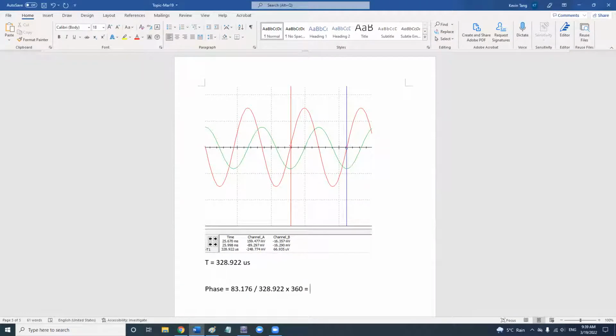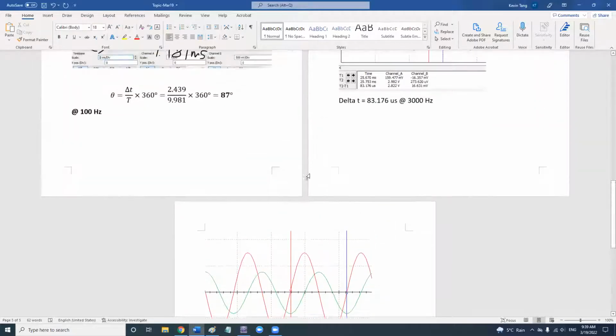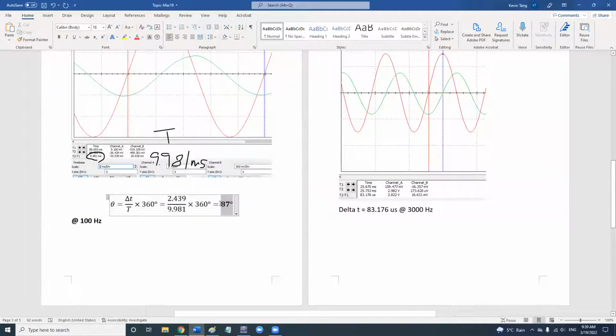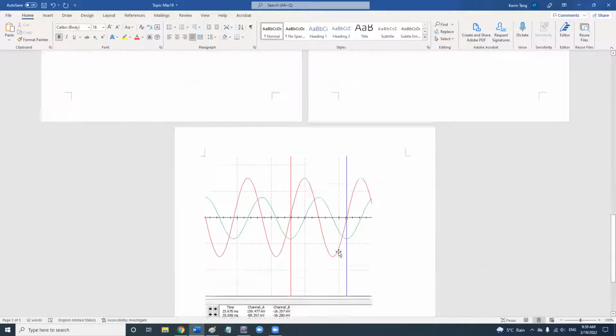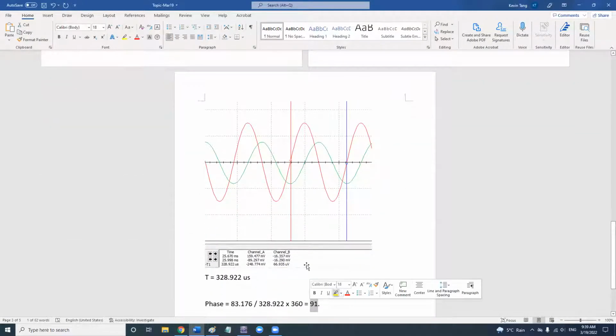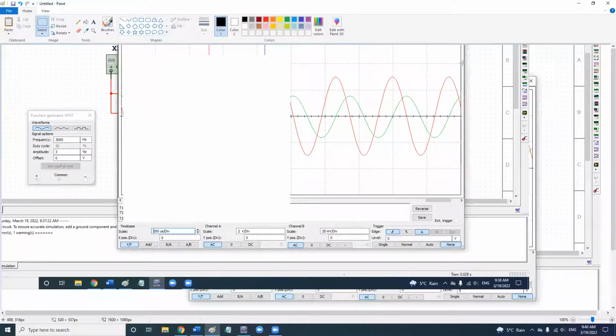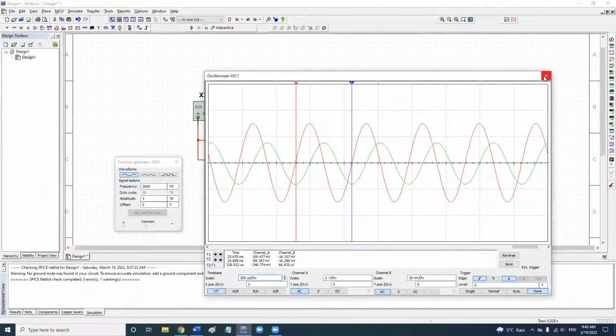Okay, we have 91 degrees. So something like that, you see the phase increase. So it increased to 91 degrees. If you go to a lower frequency, you will see a different result.